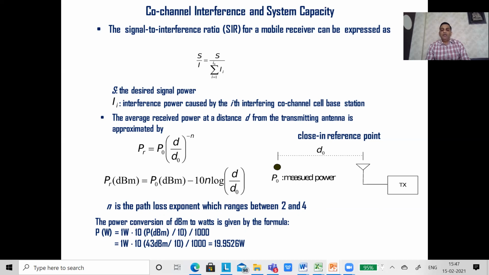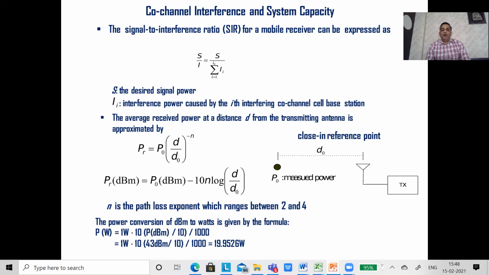Here small n is the path loss exponent and its value ranges between 2 and 4. Usually for calculations, we are considering the value of n to be 4.